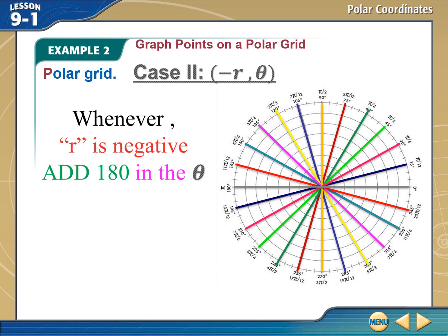Okay, now what will happen when the R is negative? This is the second case. If R is negative, for the answer you can just add 180 degrees to the theta, and make sure that the resulting answer is less than 360.